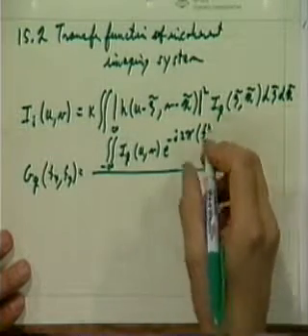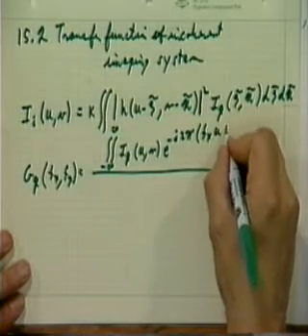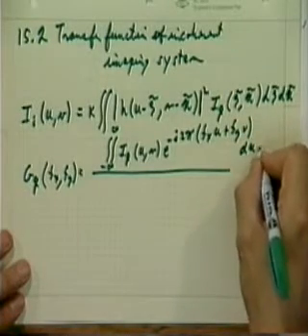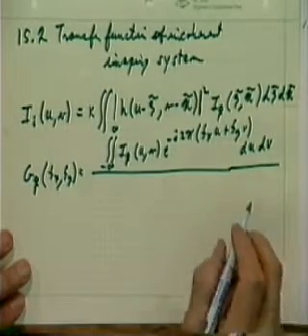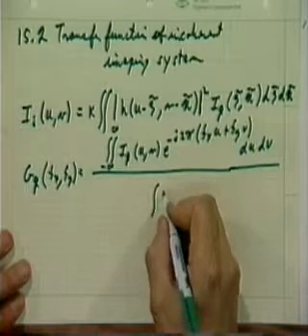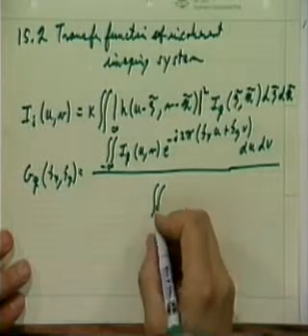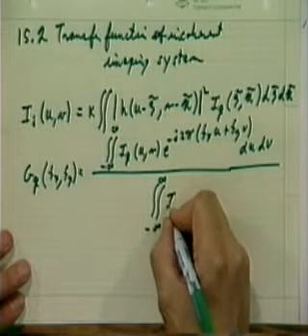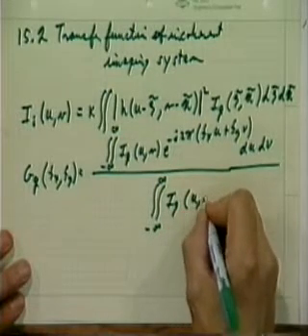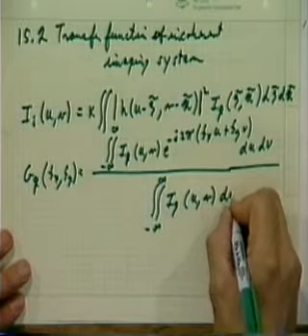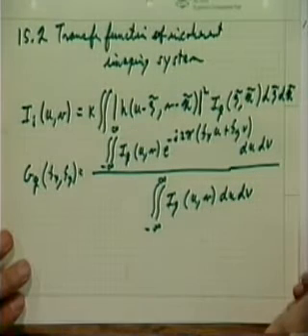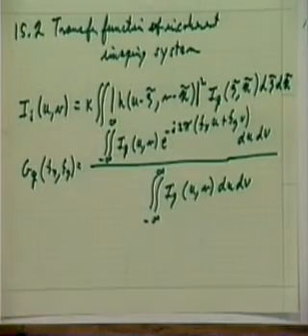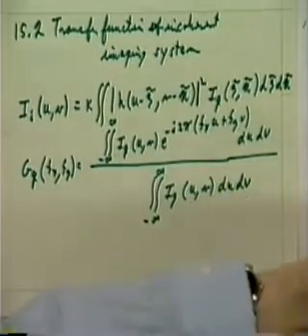So e to the minus i 2 pi, f sub x u plus f sub y v, du dv. And then we're going to normalize this by what we would get at zero spatial frequency. That's I sub g of u and v, du dv. And so that's for the perfect geometrical image.